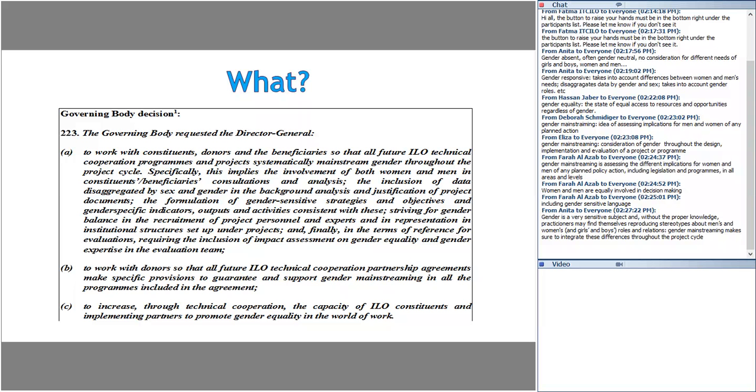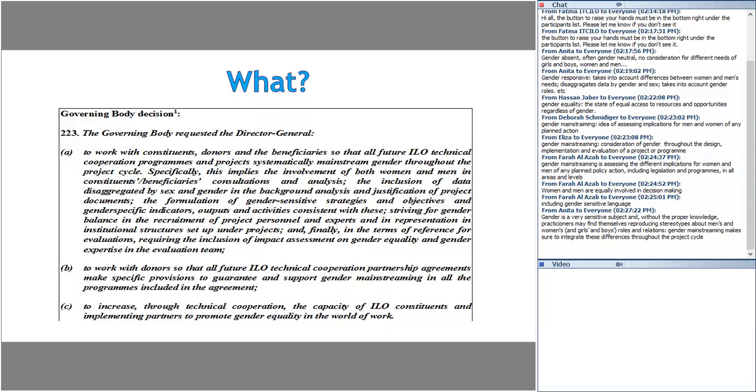And we're going to strive for gender balance in the recruitment of project personnel and experts, and in the institutional structures set up under the projects. Remember, I said one of the easiest ways to do this is to state in the project document a critical mass of women, 30% in the decision-making body, with the aim of achieving parity.